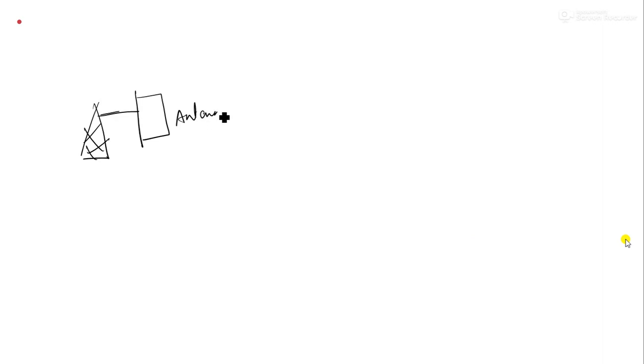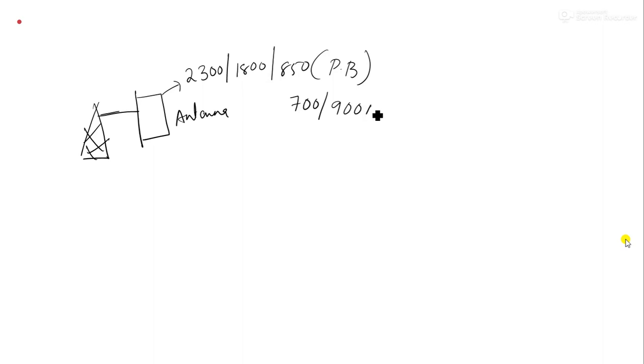In Jio we had an antenna which supported all three bands, 2300, 1800 and 850. This was typically called a pentaband antenna because it also supported two extra bands, 700 megahertz and I think 900 megahertz. Jio worked on only these three bands.